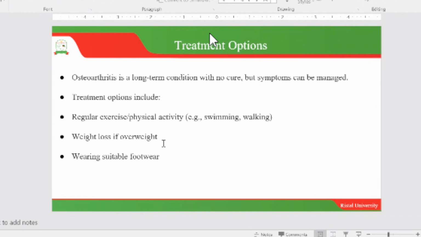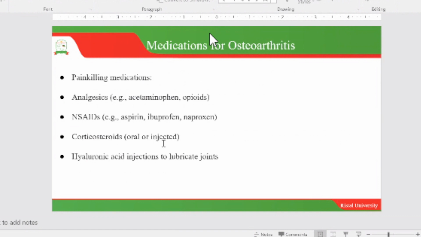And also wearing suitable footwear that could help you not put a lot of strain on these particular joints. People have talked of other devices that could help people with this condition of osteoarthritis, devices coupled with surgery if it is at its end stage.